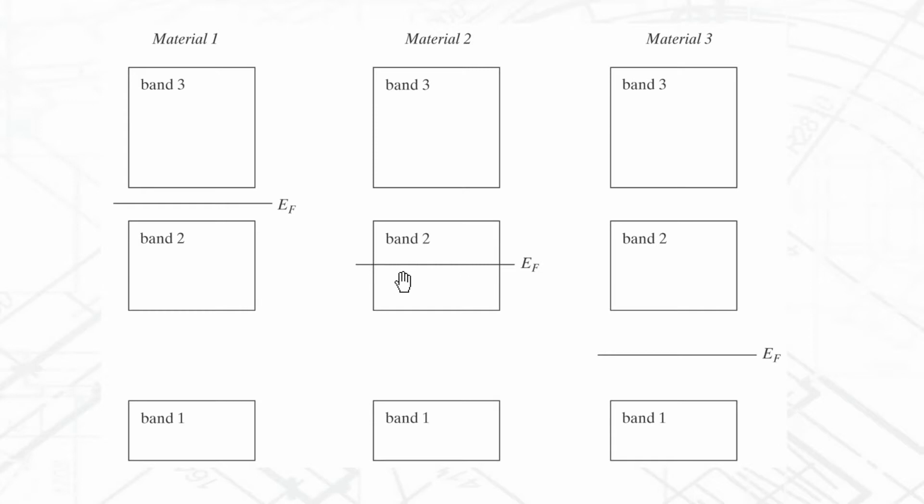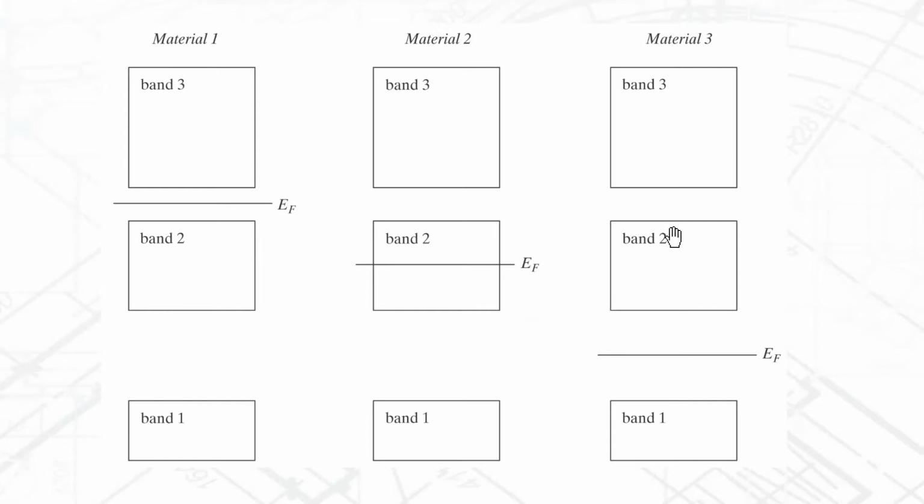So this band has a lot of electrons and has a lot of empty states. When a single band has both carriers and empty states, it makes it a very good conductor. Band 3 being very far above the Fermi level, that's going to be non-conductive. So material 2 is certainly a conductor, and band 2 is the one that's responsible for all the conduction.